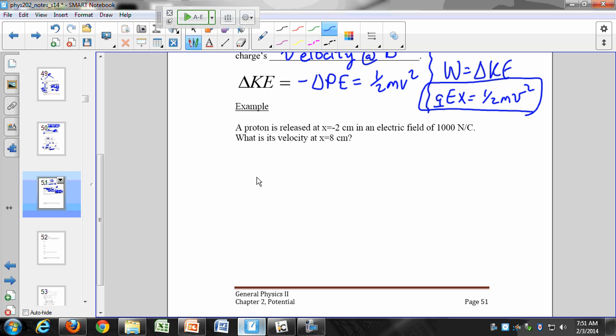All right, so we say QEx equals 1/2 mv squared. Y'all can keep going, I'm just going to catch you up here.